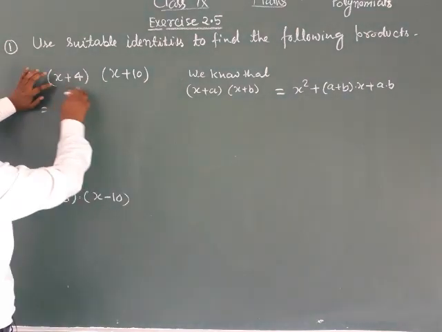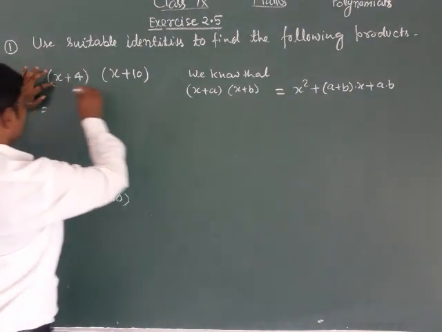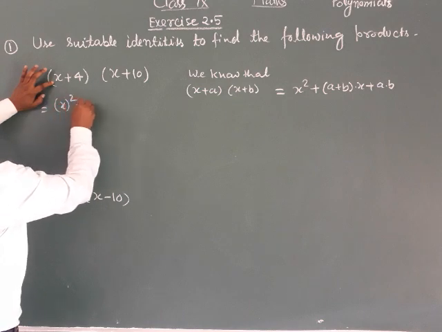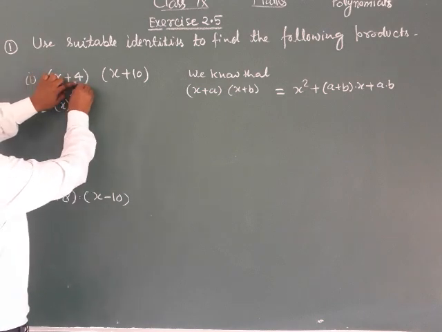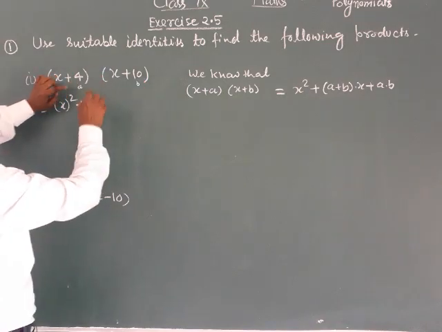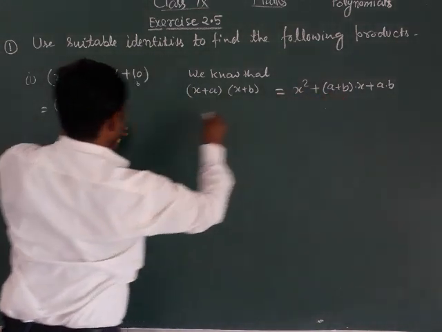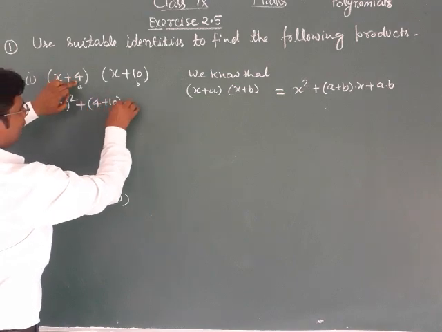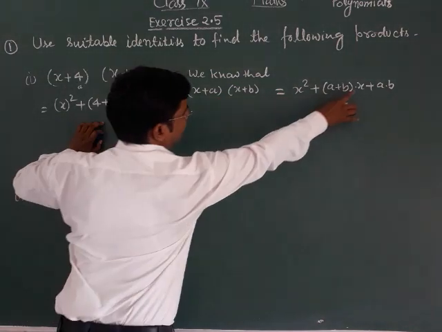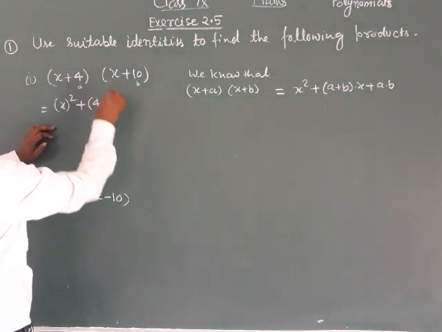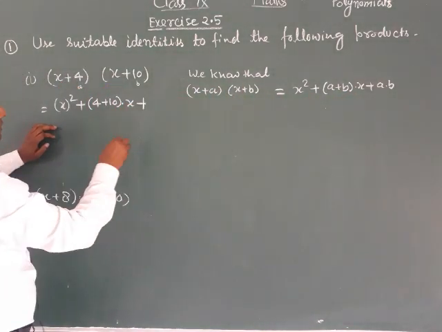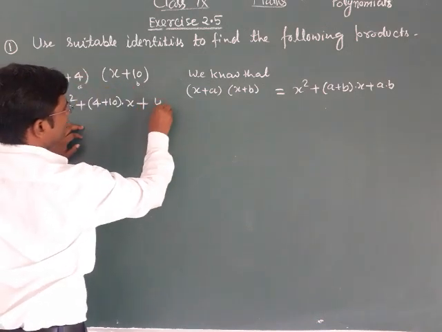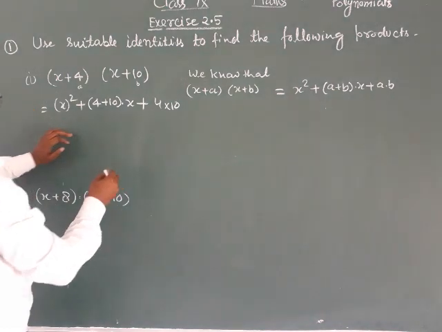So x square plus (a + b), that is (4 + 10), into x, plus a into b, that is 4 into 10.